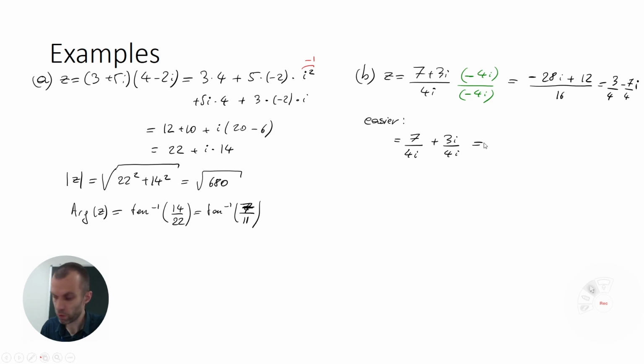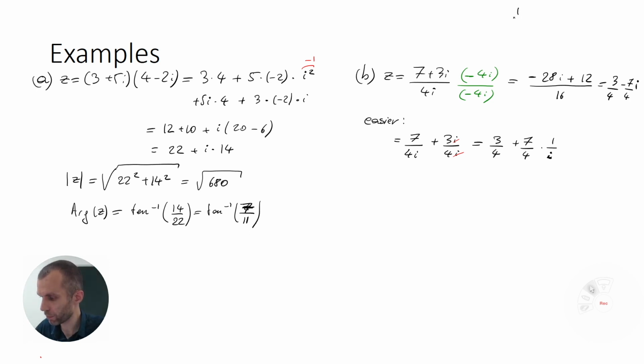And so, of course, the i's cancel, and we get 3 over 4, that's this term, plus 7 over 4 times 1 over i.